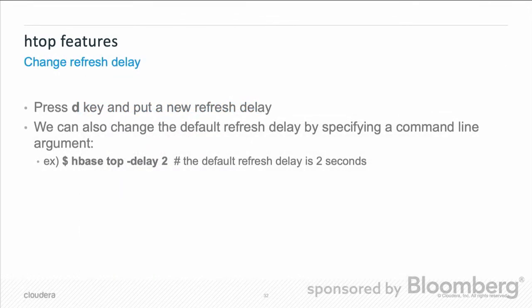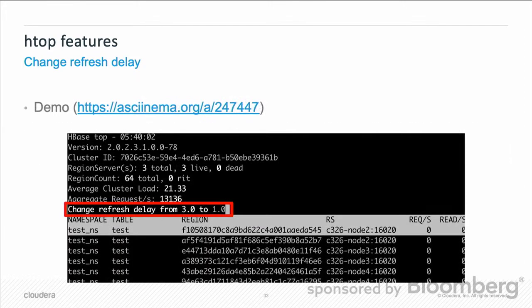Next, as mentioned, the refresh delay is 3 seconds by default. But you can change it by pressing the D key and entering the new refresh delay. We can also change the default refresh delay by specifying the command line argument -delay. I'll show you the demo of it.